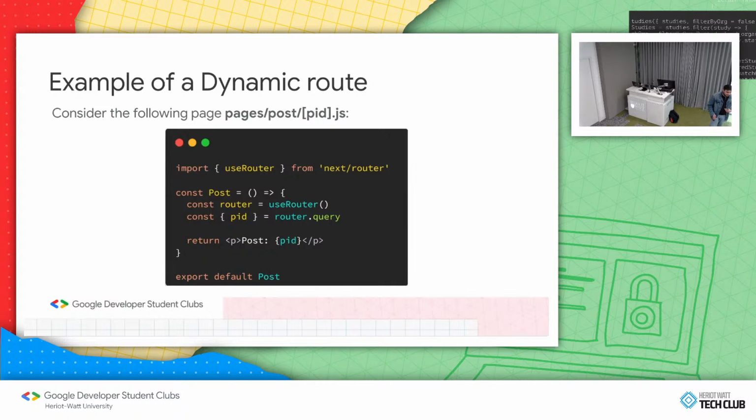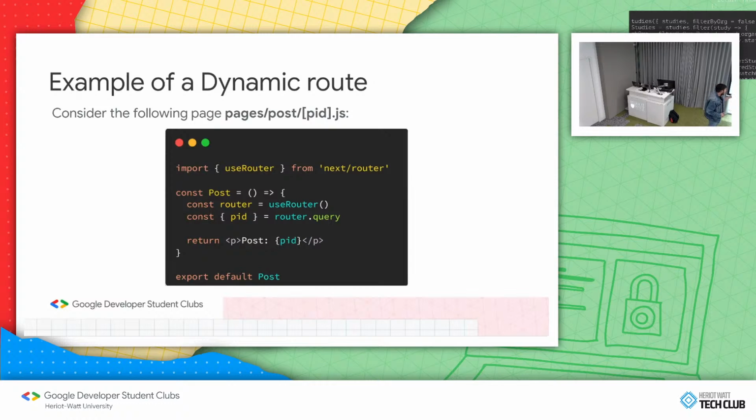What Next.js by default will do for you is set pid as the key and 1 as the value. So whatever is in your URL is set as a value to the key of whatever the name of your file is, and that is sent back by default as the query parameter. So when you say router.query, it will return you an object with a key and value pair. The key is basically the name of your file, and the value is whatever the URL the person is currently visiting.